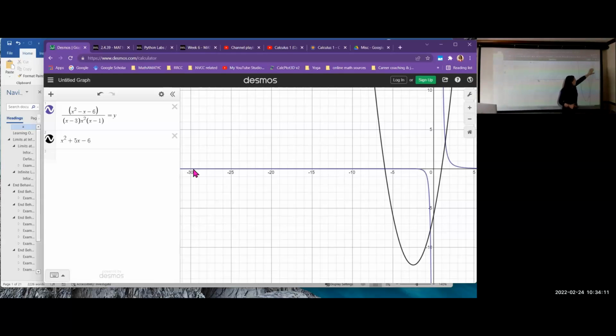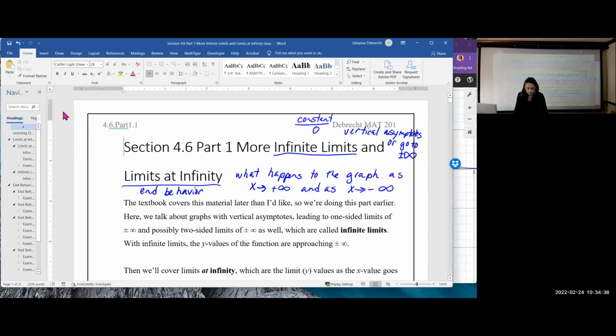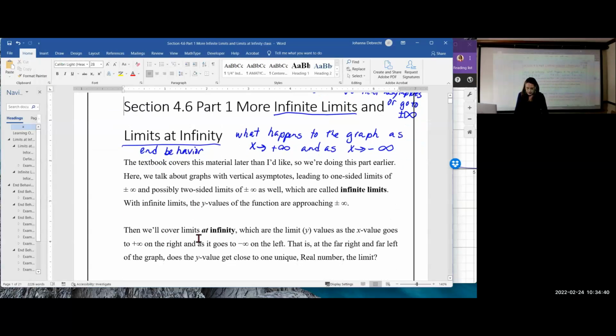That would be like on the parabola. Do I have a finite limit as x approaches negative infinity? That would be like this rational function approaching 0 as x goes to the left. Or do I have an infinite limit as x goes to negative infinity again? And that would be like the parabola going off to infinity as x goes to the far left. So we have different combinations of these, and that's what we want to focus on here in section 4.6.